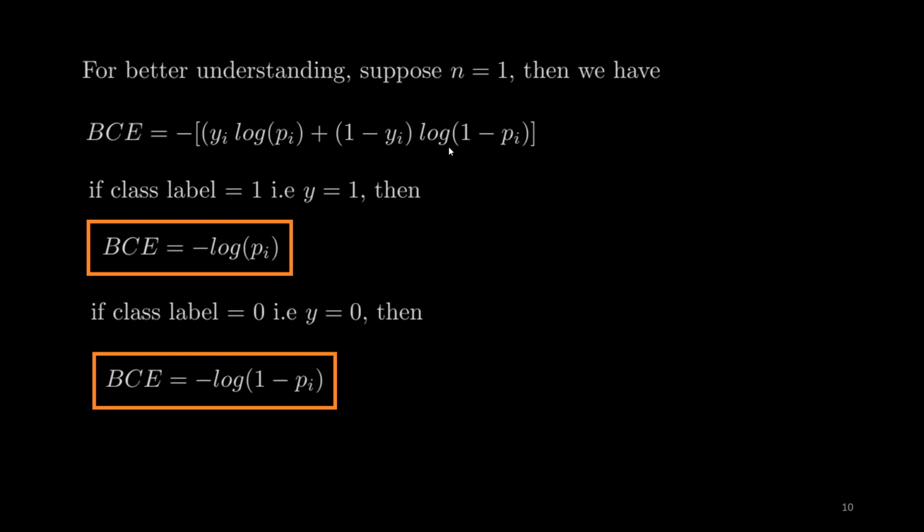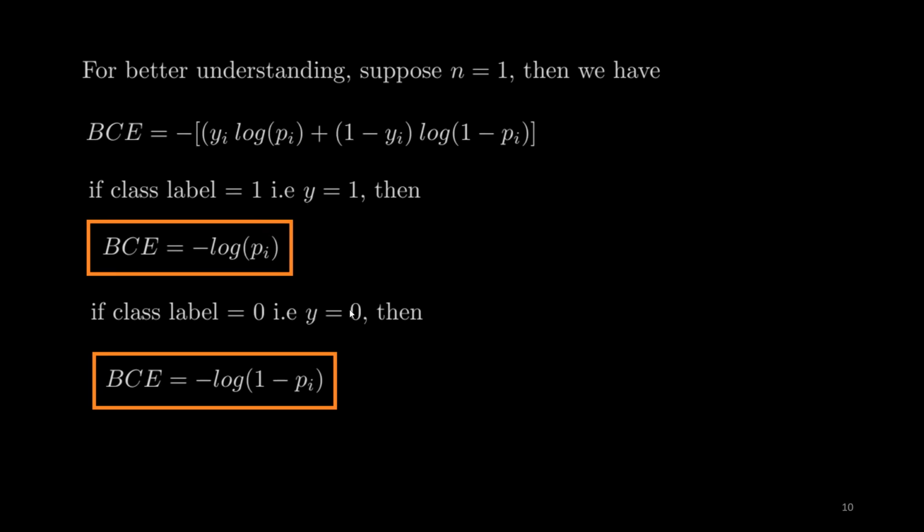That is, this term will not be used to calculate the loss if y is equal to 1, and I will use only that term. That is, if I put y equal to 1 here and y equal to 1 here, this term becomes 0 and I will get only negative log of p. So that is the equation of binary cross entropy loss if my label is 1.